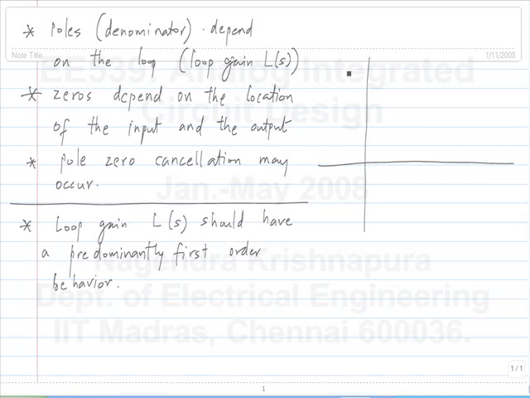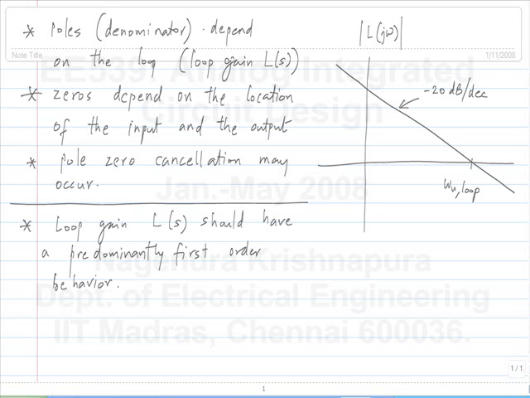So ideally I would like the loop gain to do this, okay, meaning it is just an integrator, it has infinite DC gain and it has a 20 dB per decade roll off throughout. It has a certain unity gain frequency which I denote by omega u loop. Okay.